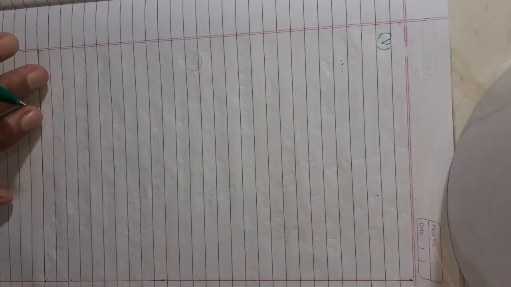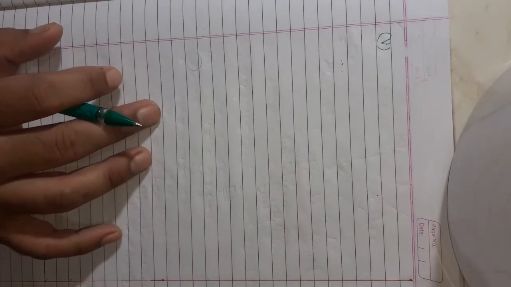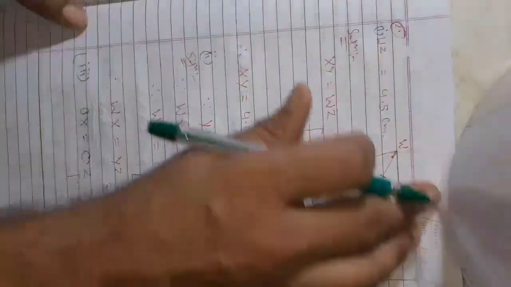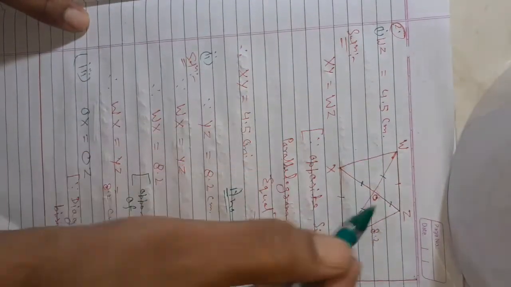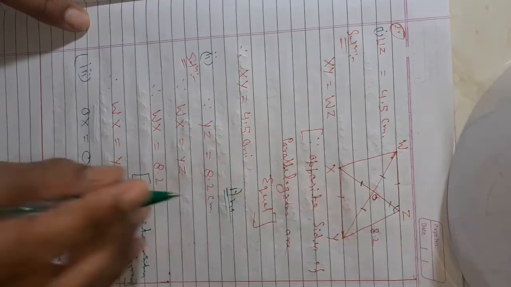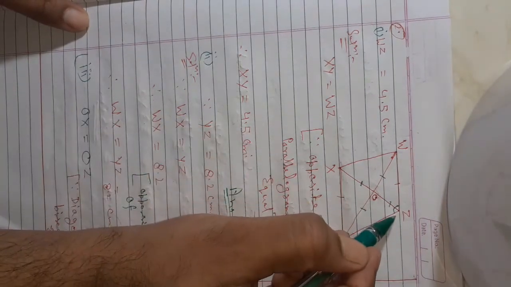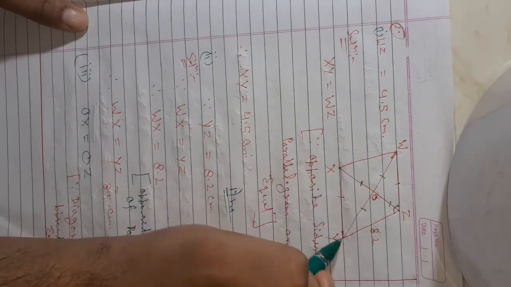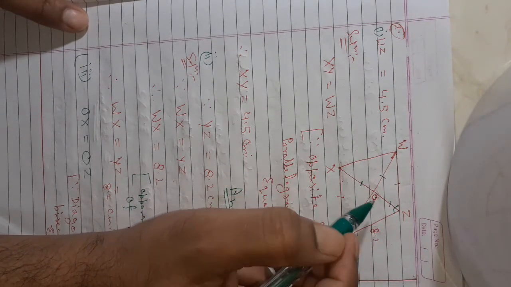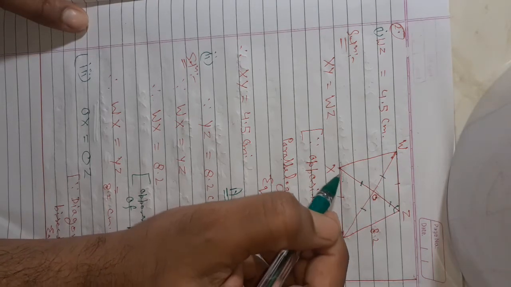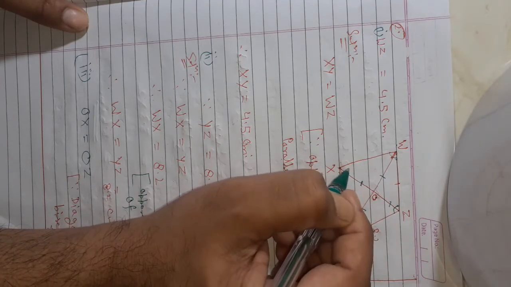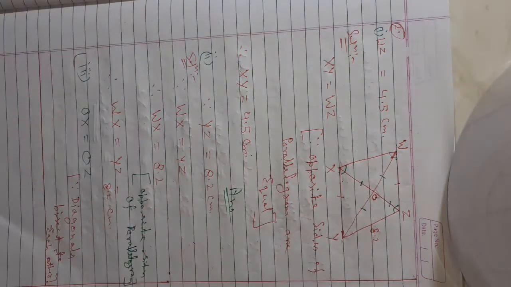There is the fifth part, what they are asking: if angle WZY, angle WZY means this angle is equal to 120 degree, then angle WXY is equal to how much, and angle XWZ is equal to how much, means this angle will be how much and this angle will be how much, they are asking.